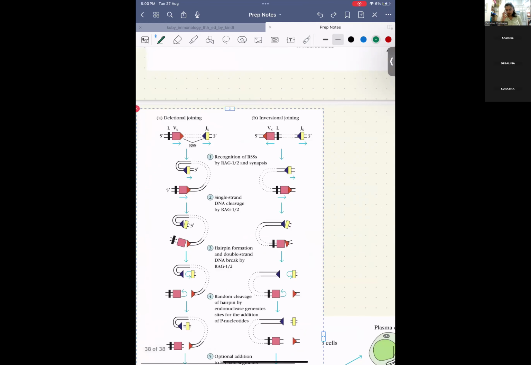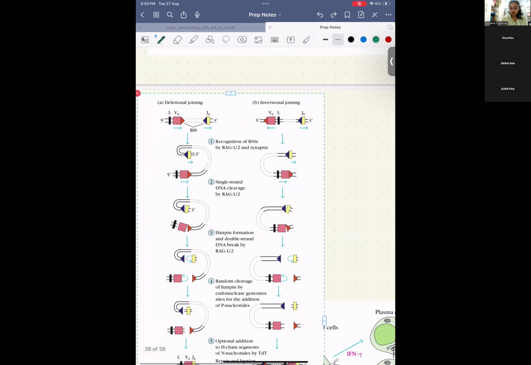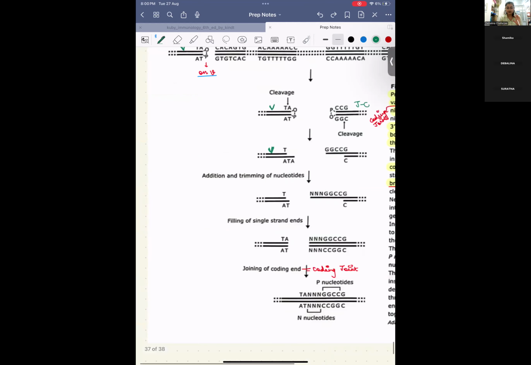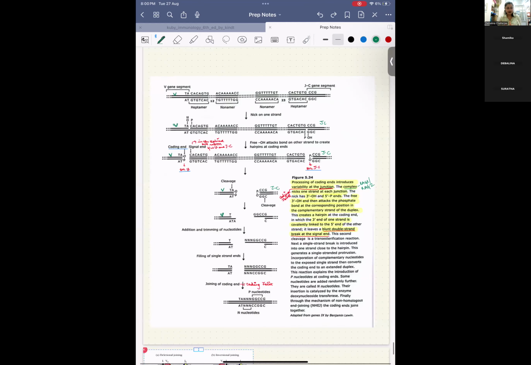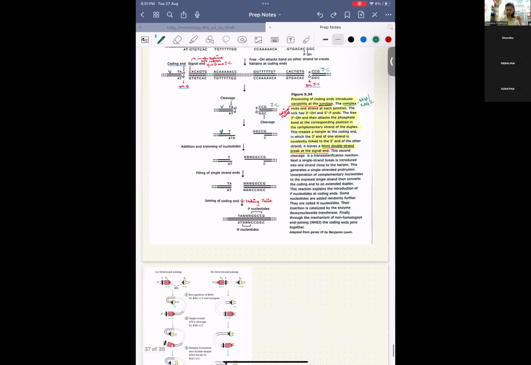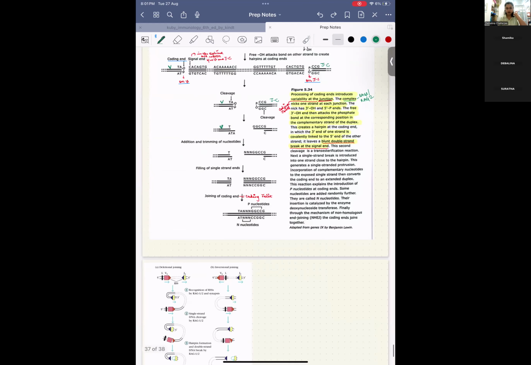But I think this is looking a little more complicated, owing to the fact that it is trying to show you all the folding and crossing over of the DNA. So we'll try and understand what is happening using a more simplified diagram, and then we will try and see what is happening in the diagram in the reference book.